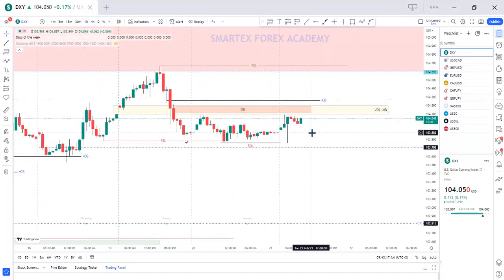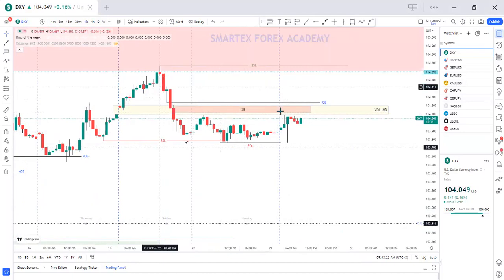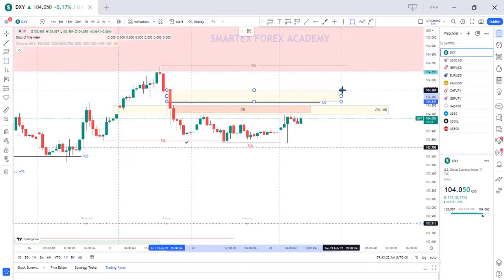That's great. This one is good too. This is our bearish order block, so there is an array here. This is where I marked it with that line. That's our bearish.